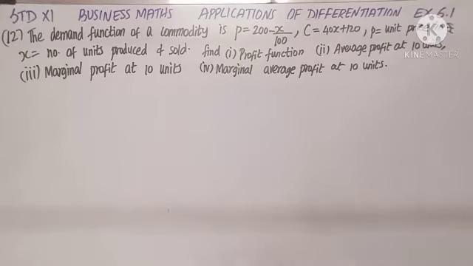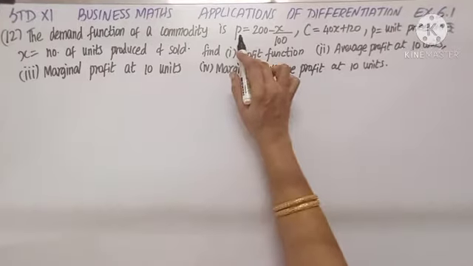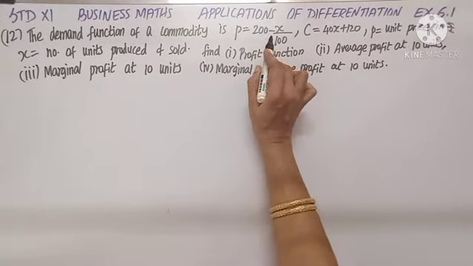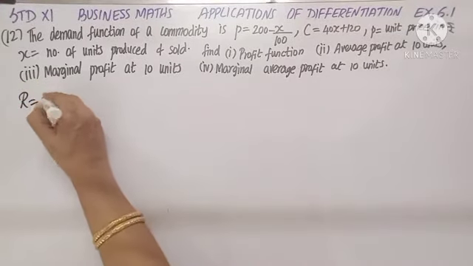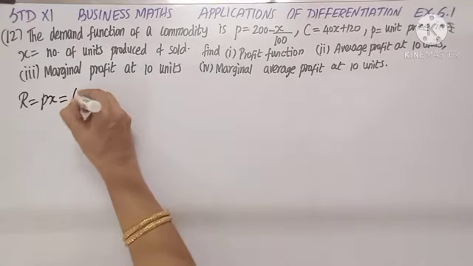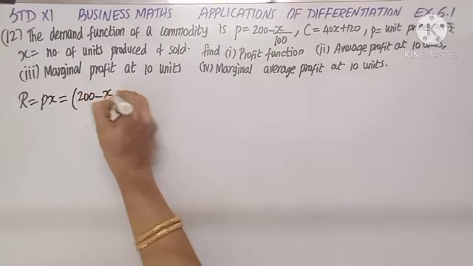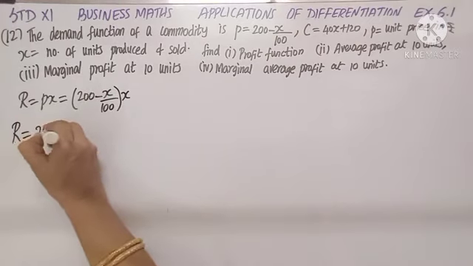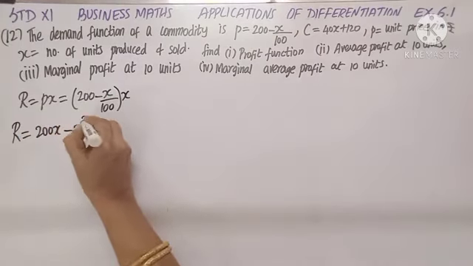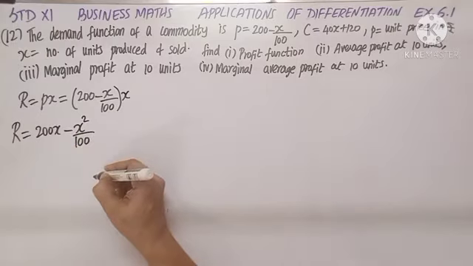Question number 12. The demand function small p is given. As I read the demand function, I must know the formula for revenue, which is P into x. 200 minus x by 100 into x gives me 200x minus x square by 100.